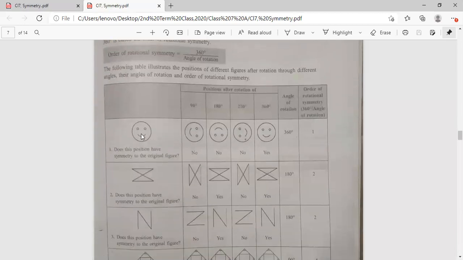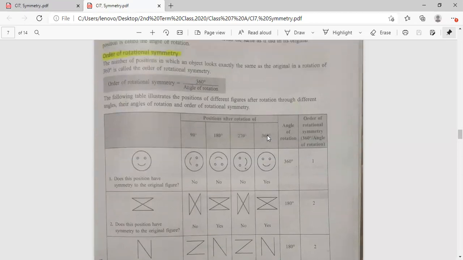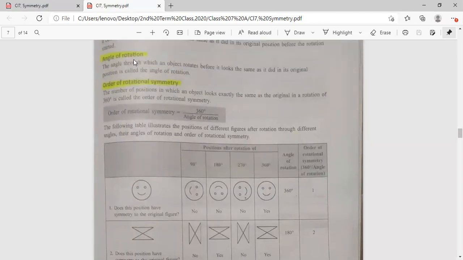Now this one. The smiley turned 90 degree, then 180, 270, 360. First time it looked like the original position is at 360 degree. So your angle of rotation is 360 degrees, which an object rotates before it looks the same as the original position. So at 360 degree, it looked the same.